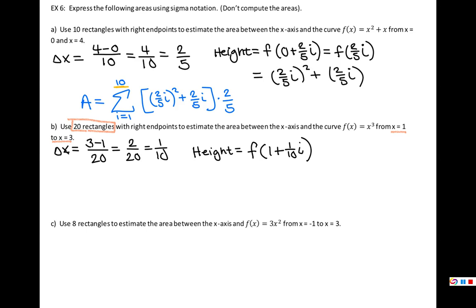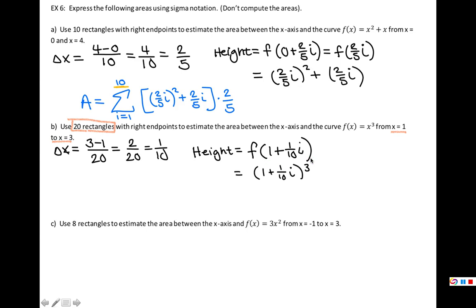My height is f of a. A is 1. We're starting at 1. F of a plus delta x, delta x is 1/10 times I. All right, and so that formula is always going to give you your height. F of a, plus delta x times I. And so what I'm going to do now is take the 1 plus 1/10 I and plug that in for x into my function.